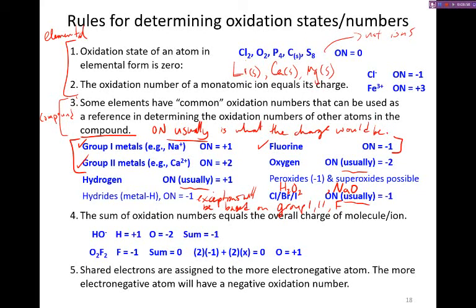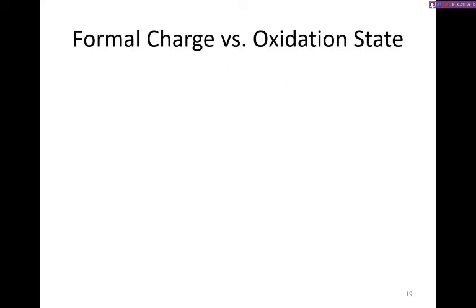This brings us to the 5th rule here: when we have shared electrons between nonmetals, the more electronegative element is going to get the negative oxidation number. Let's talk now about the difference between oxidation number and formal charge, because they are very similar in how we would determine them.